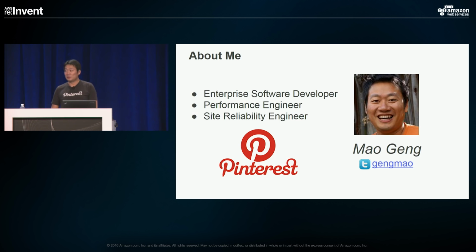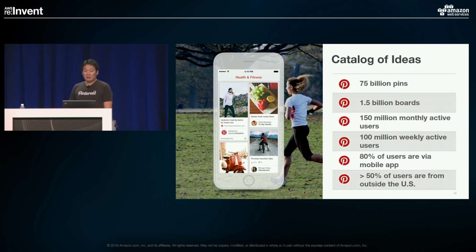Today, I'm very happy to have the chance to share a few stories, tips and lessons we learned at Pinterest when running containers in AWS. For people who haven't heard of Pinterest, we are the catalog of ideas around the world.